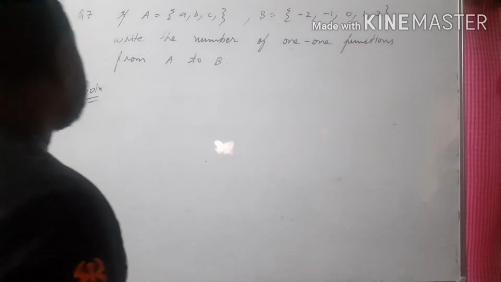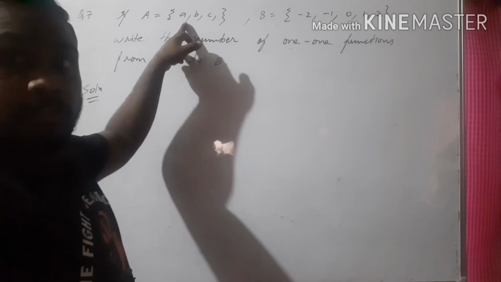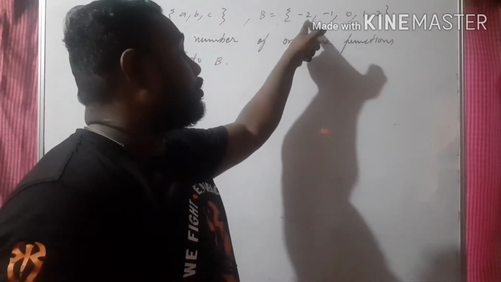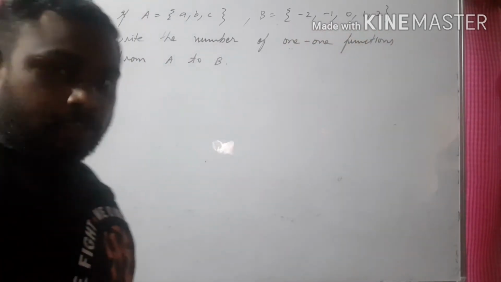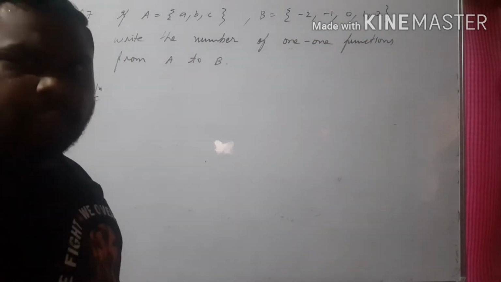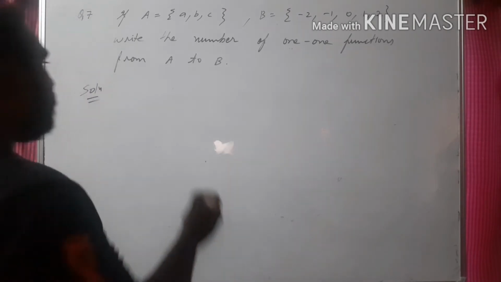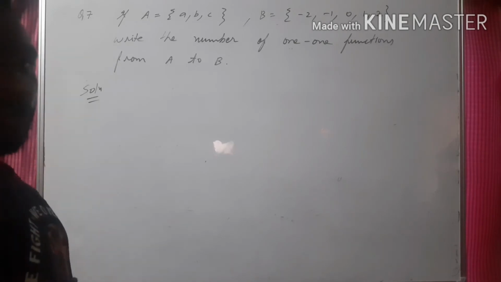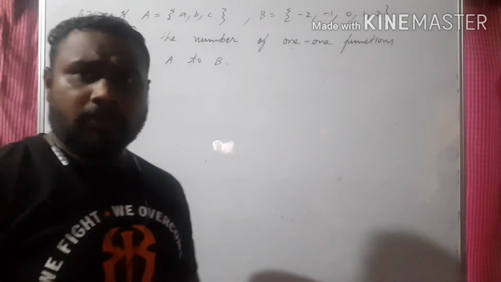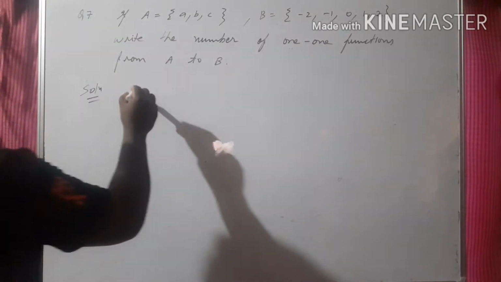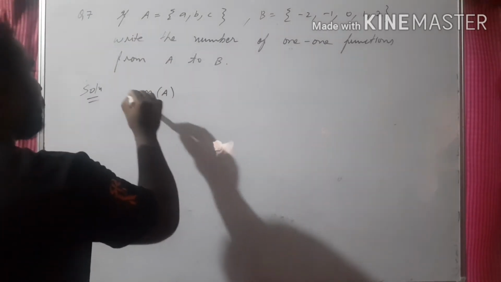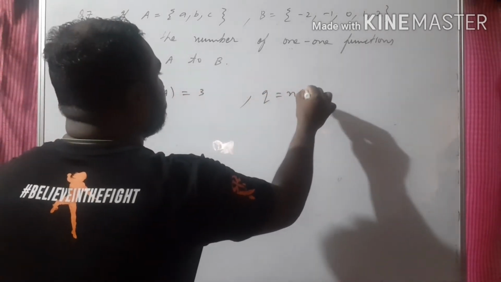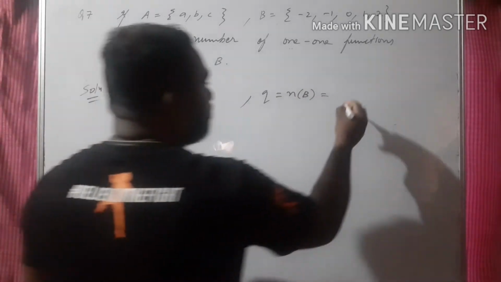Next question: set A is given as a, b, c, and set B is -2, -1, 0, 1, 2. We are dealing with the number of elements in A and the number of elements in B only. In order to find the number of 1-1 functions, we deal with the number of elements of A and of B only. Here the number of elements of A is 3, and the cardinality of B is 5.